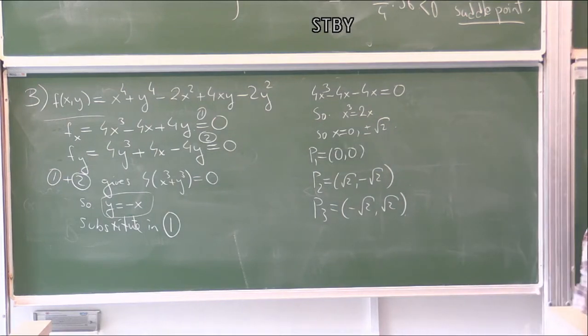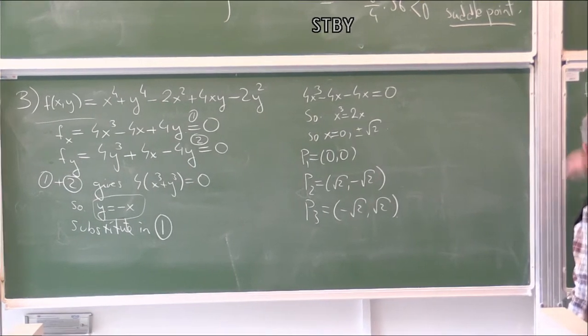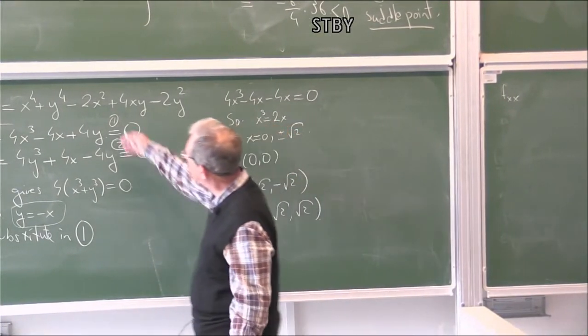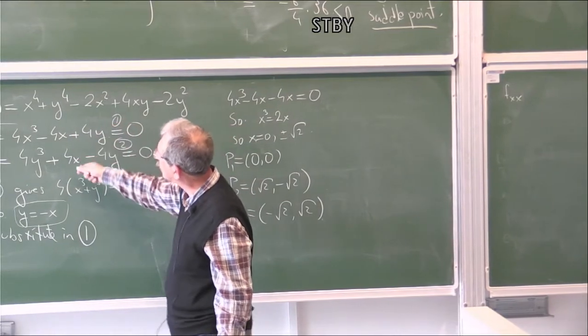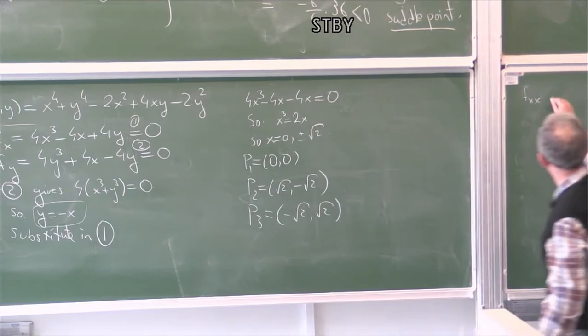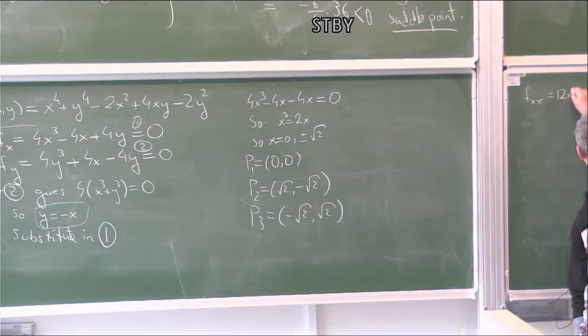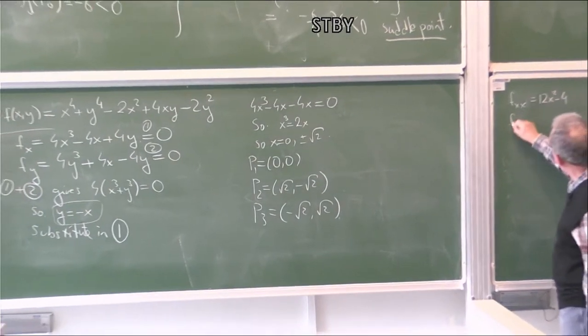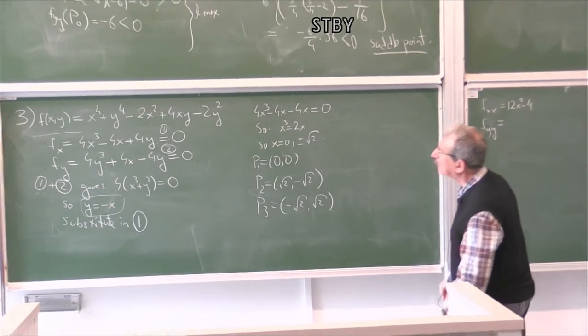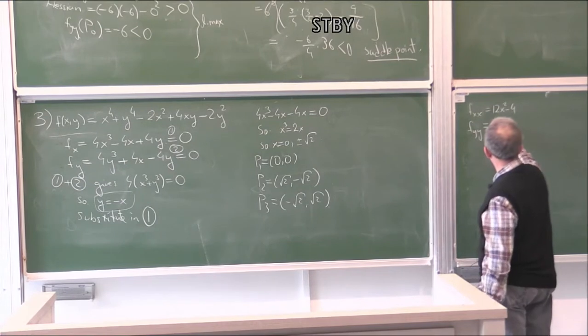To this end, we calculate the Hessian. So f sub xx would be 12x squared minus 4. f sub yy would be 12y squared minus 4.